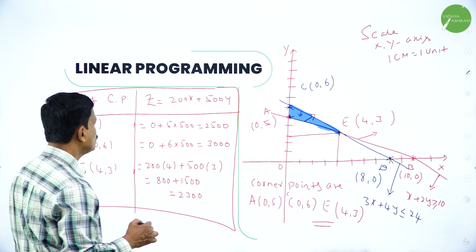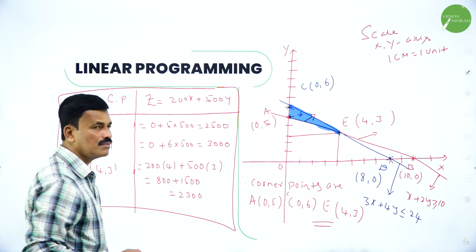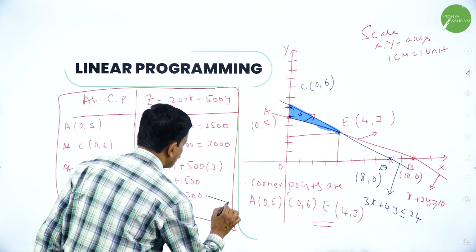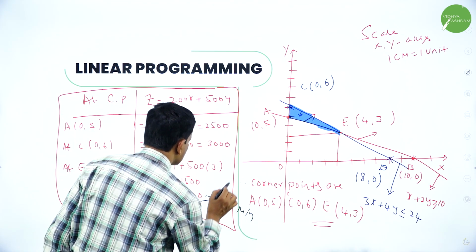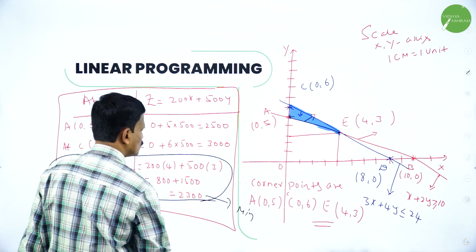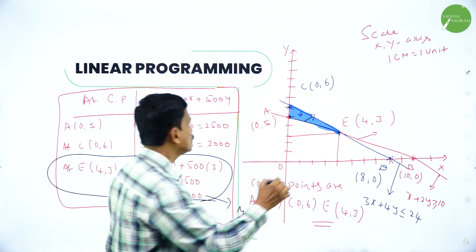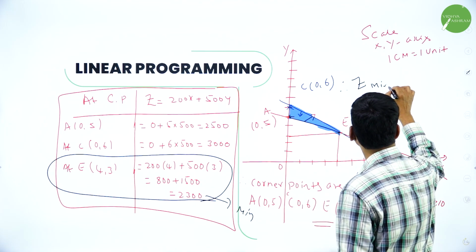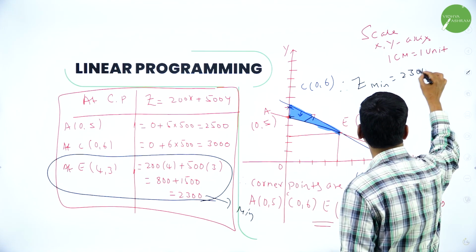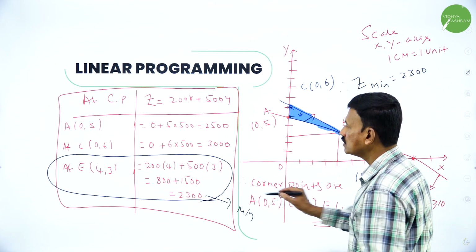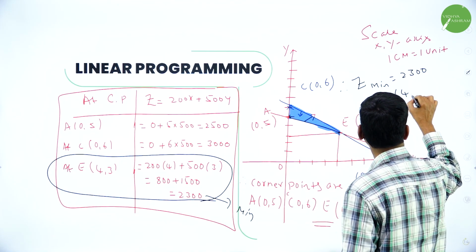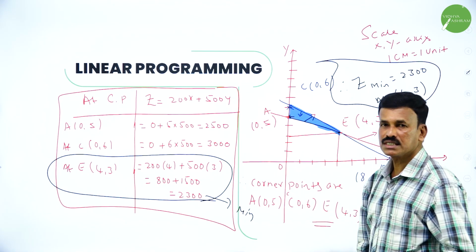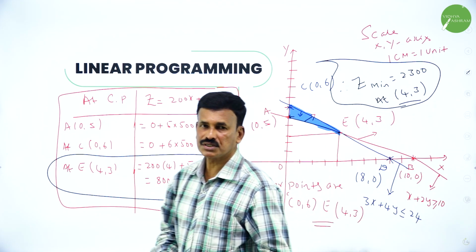Which is the minimum value? 2300 is the minimum value. What is the answer? Therefore, Z minimum is equal to 2300 at (4, 3). That's all. This is how we are going to solve this LPP. Hope you followed.